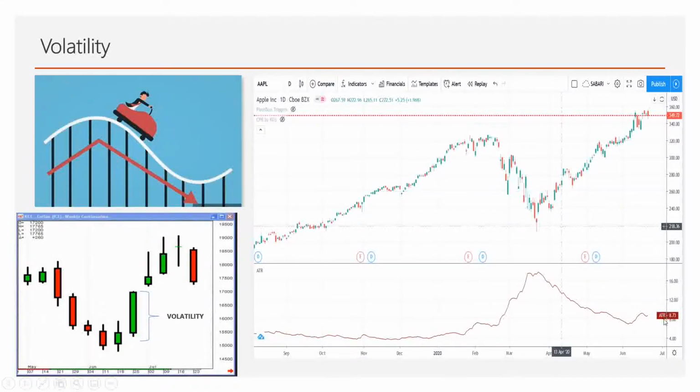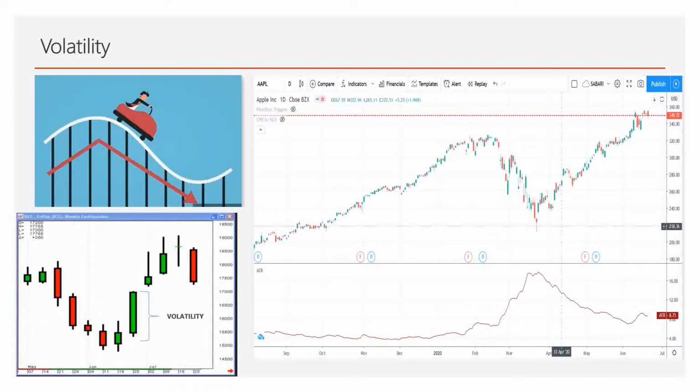So here, if you see the ATR, ATR means average true range. It says $8. So when Apple starts trading on Monday, the price of Apple from its lowest point to its highest point will be approximately $8. So this is what volatility means.